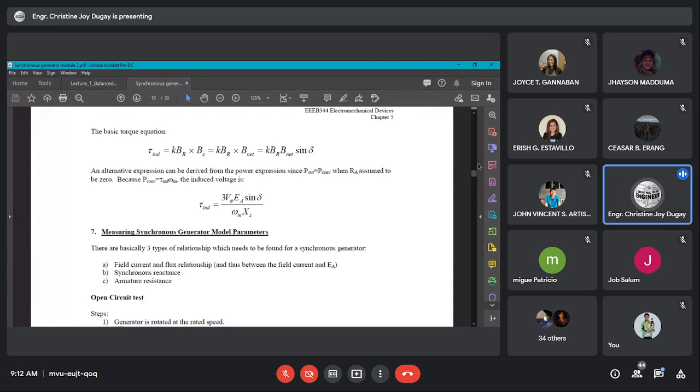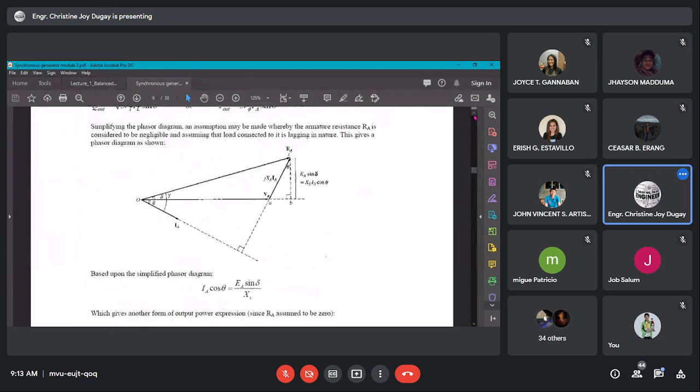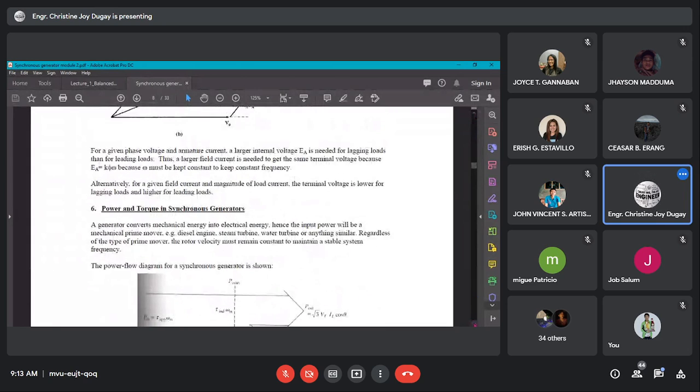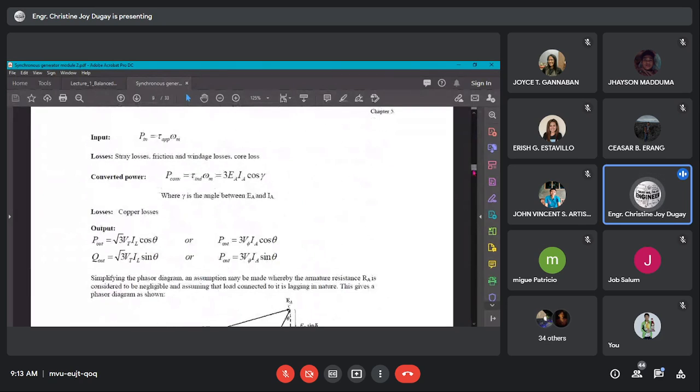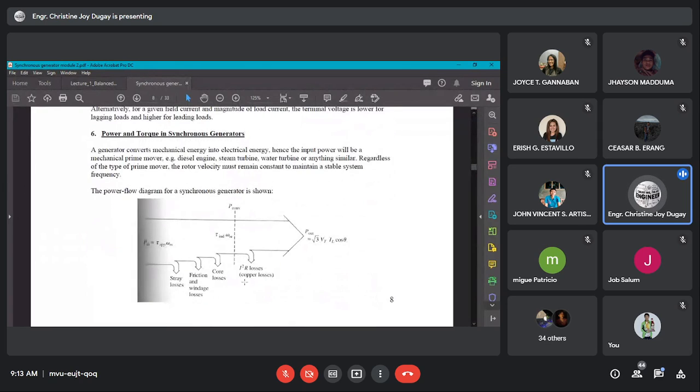No? So from the power flow diagram po natin, balikan lang po natin siya. Ayan. So kung yung RA natin is equal to 0, ibig sabihin, ang core losses natin or the copper losses natin is 0. Tama po ba? Ayan. Kaya ang P converted natin, that is equal to P output. Since nag-assume tayo na 0 ang RA po natin. Naintindihan po ba?